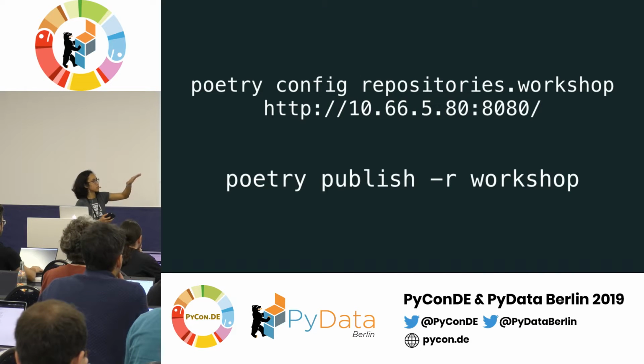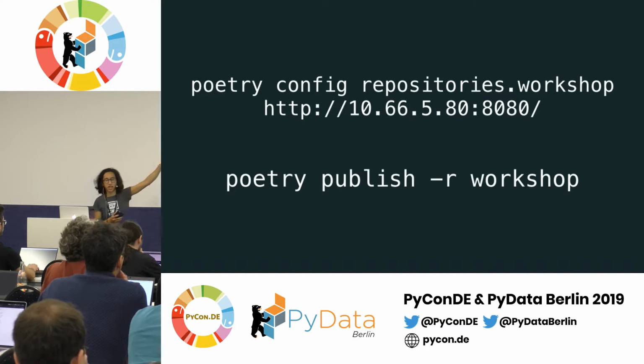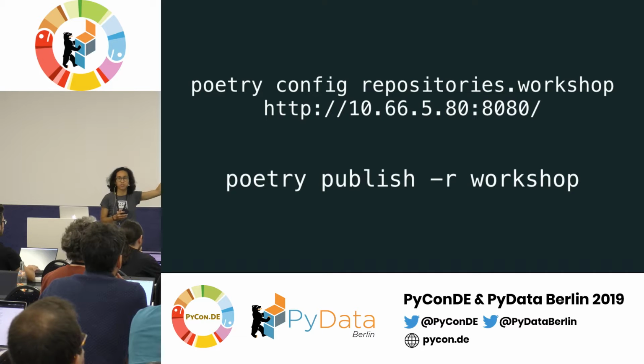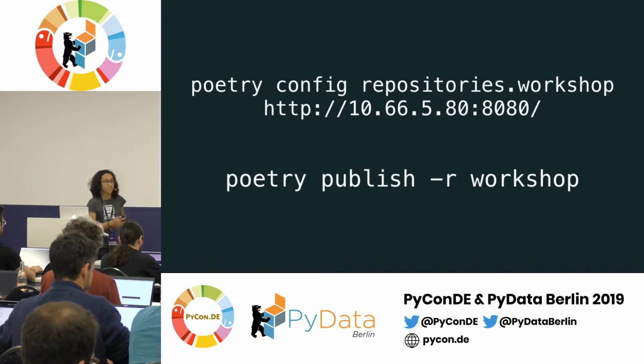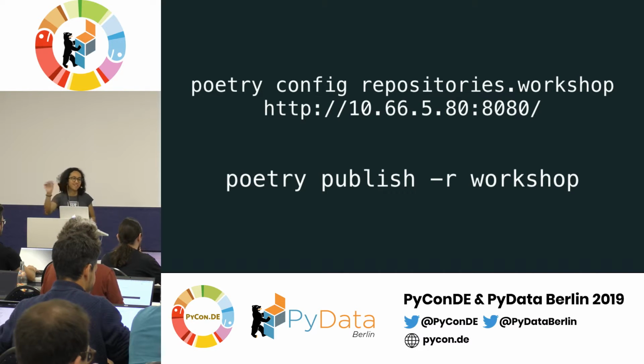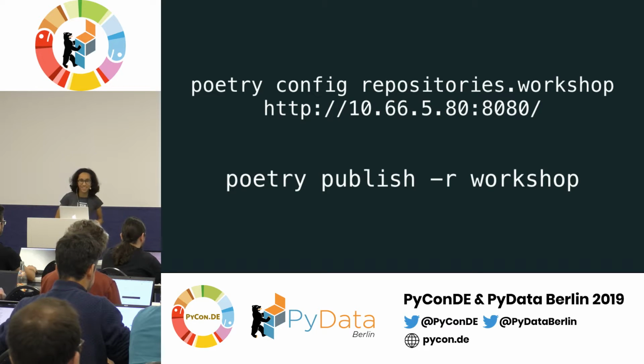For this one, I just call it workshop. And this is the IP address of the Raspberry Pi where you can upload packages to. Once you have that, you can publish it with this command: poetry publish. The username is Steph, and the password is Poetry. So today we are all Steph.